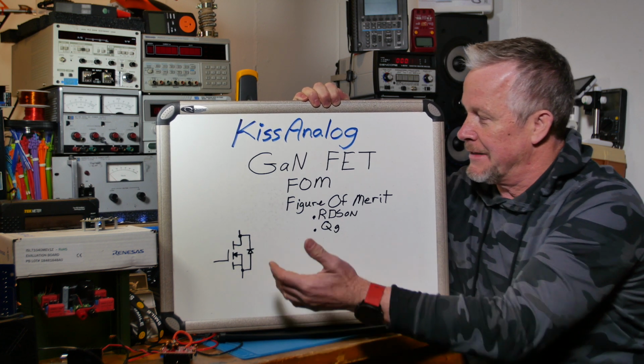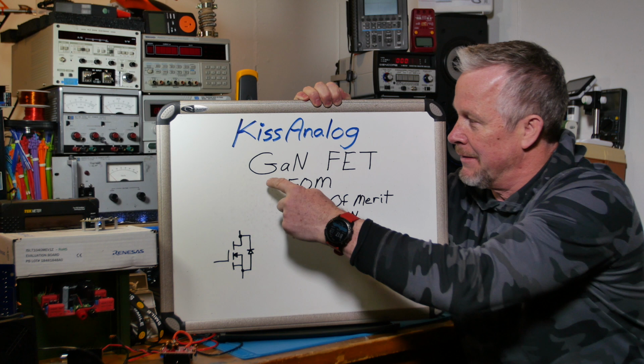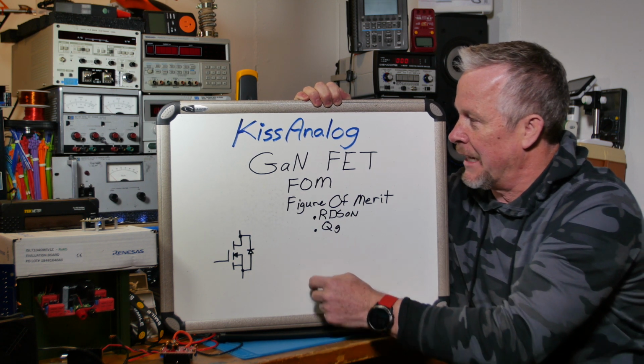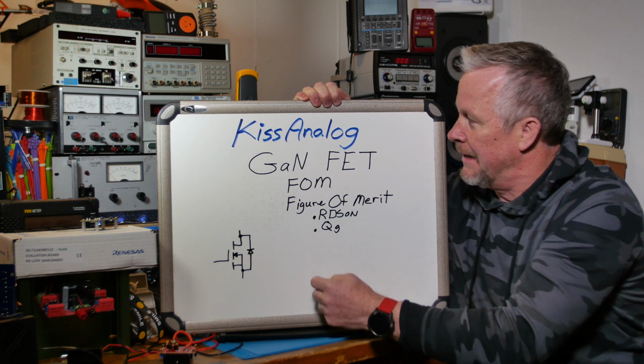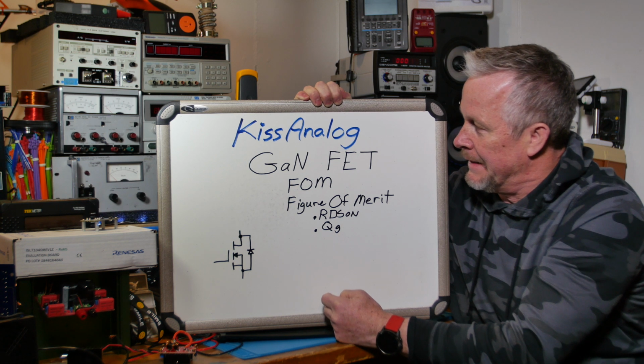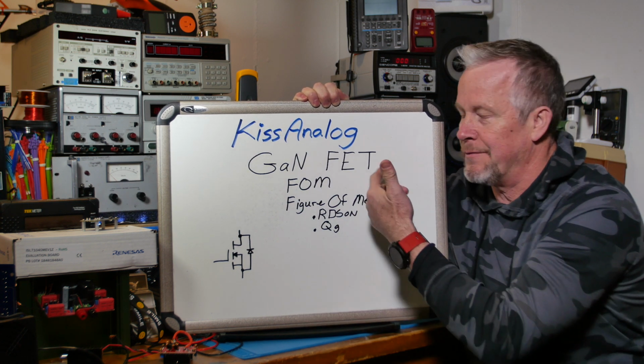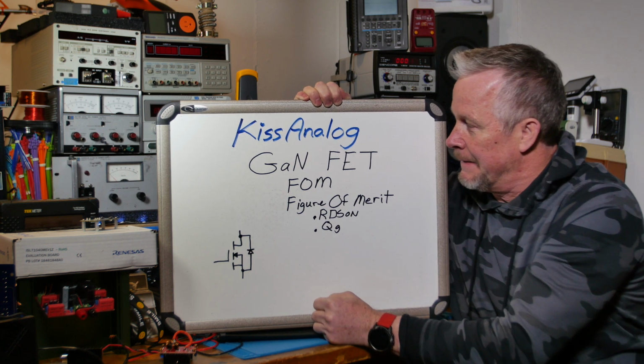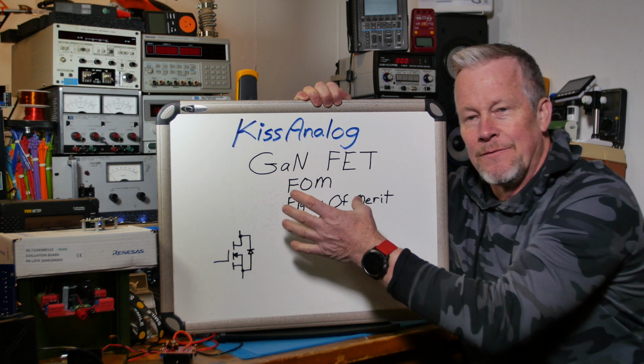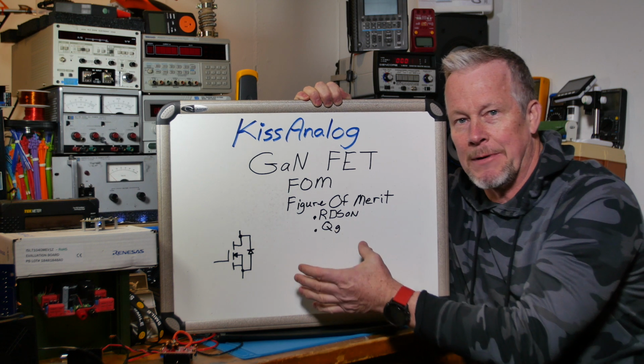But alright, what I want to do is talk about the GaN FET, the gallium nitride FET, and there's a figure of merit that they have with MOSFETs, or FETs, in general. And the GaN figure of merit just looks a lot better than a MOSFET.